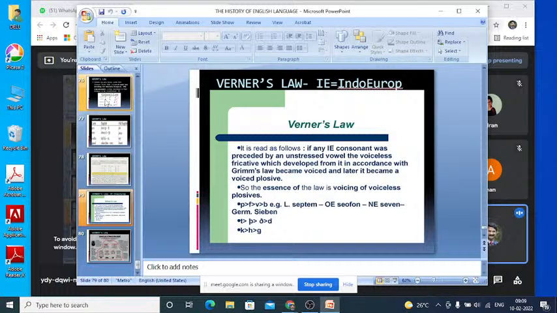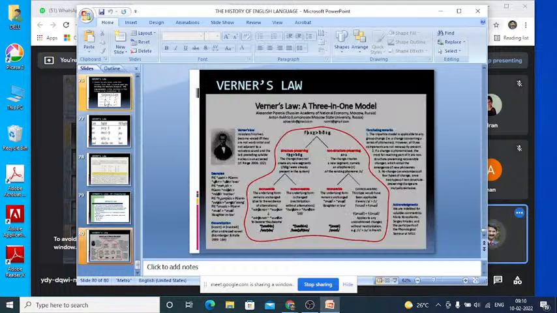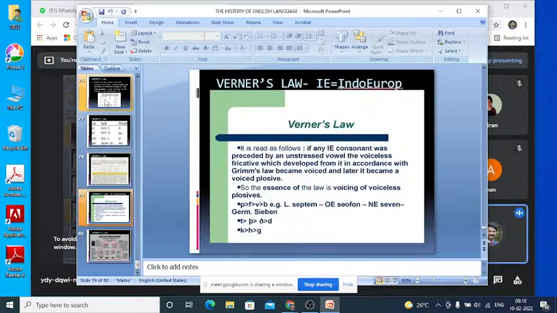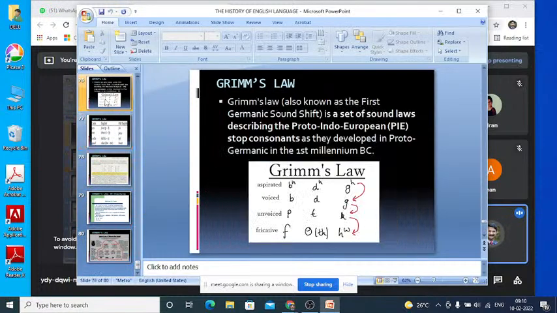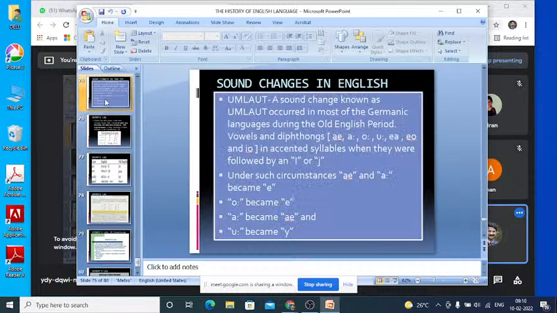And similarly th is becoming d, and the next, k undergoes a change and becomes h, and h is again undergoing a change and becoming g. All right, so all these, like Verner's law, Grimm's law, umlaut, come under the sound changes.